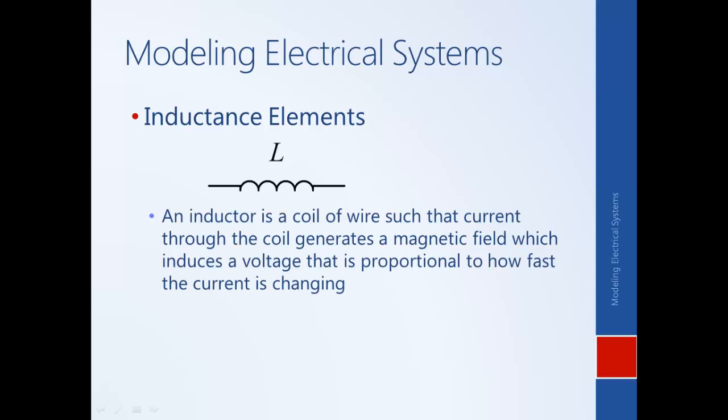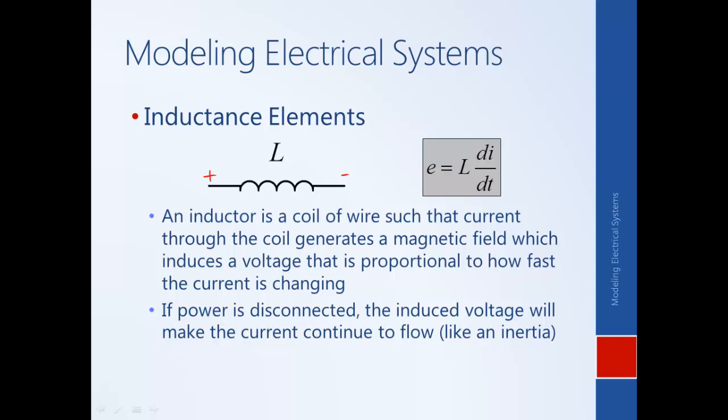And so the way that an inductor works is that as the current flows through this coil, it induces a magnetic field. And changes in the current create a corresponding change in the magnetic field, which generates a voltage or an electromotive force that opposes this change in current. So in other words, the voltage across an inductor is proportional to the rate of change of the current through the inductor.